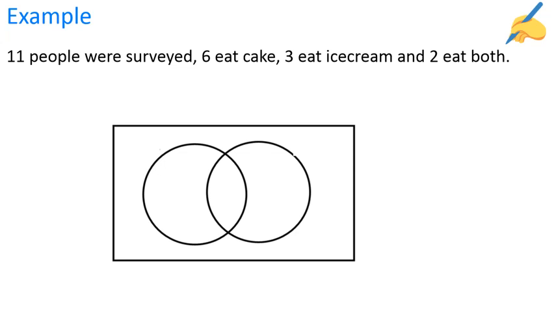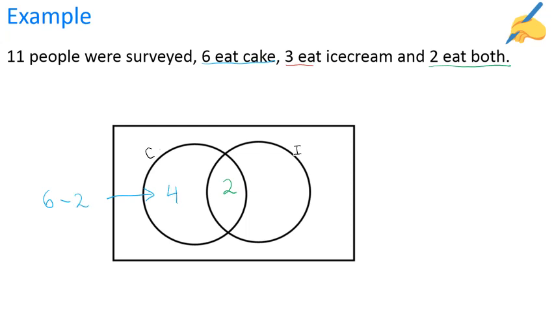This one has an extra step. 11 people were surveyed, 6 eat cake, 3 eat ice cream, and 2 eat both. So I always do my both first. So 2 eat both, so 2 in the middle. And I better label this, we've got cake and ice cream. Okay, so we've got 6 eat cake. So in here, I'll do 6 minus 2, which is 4.